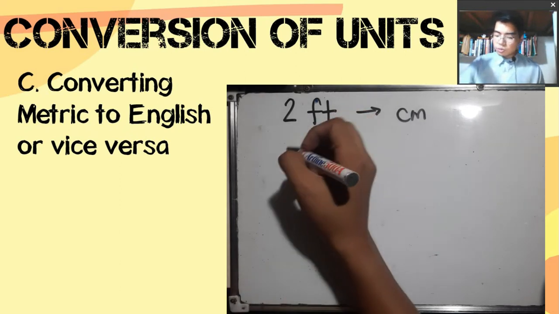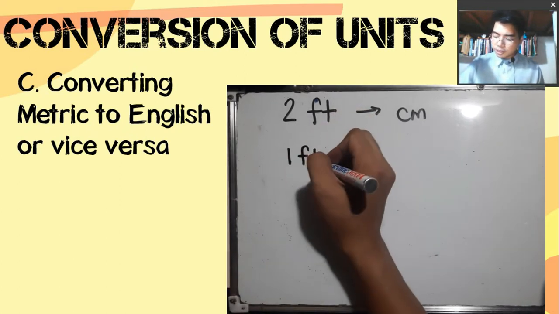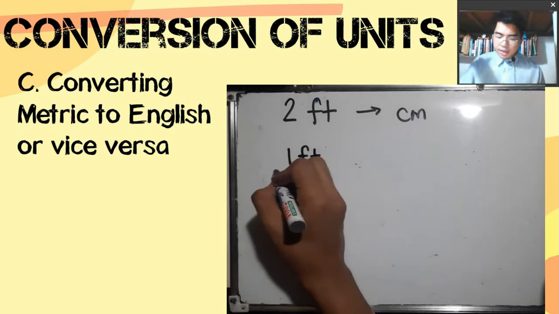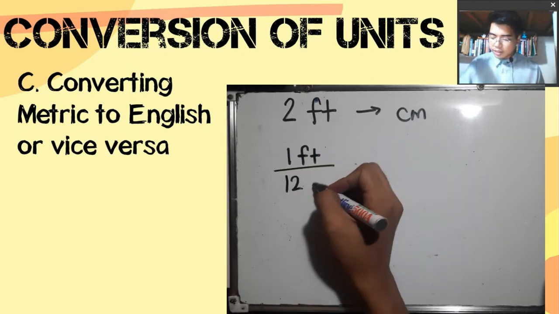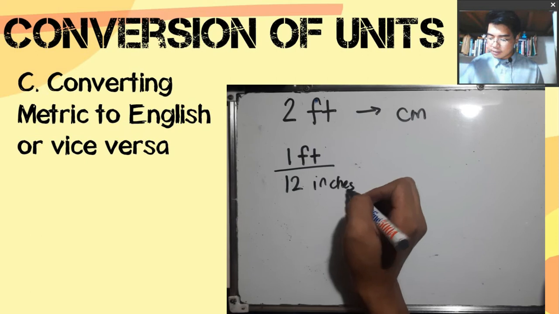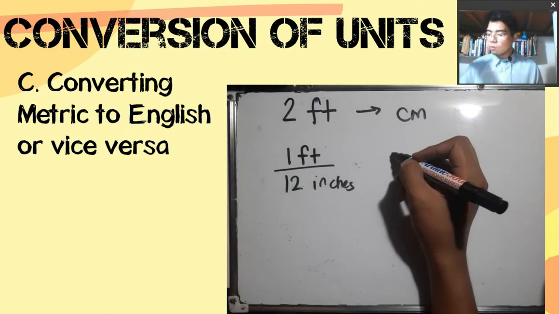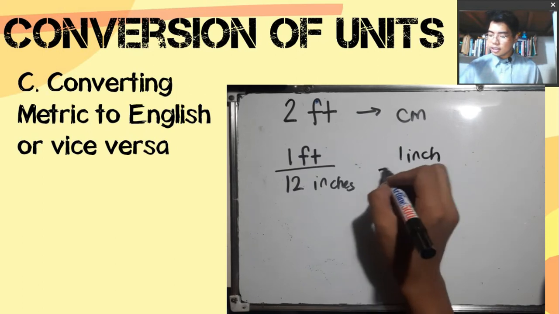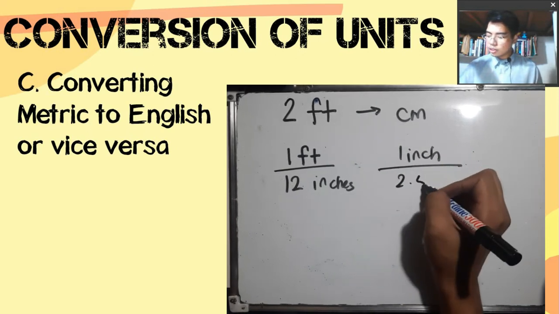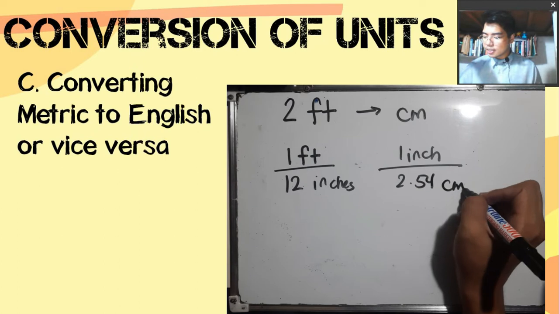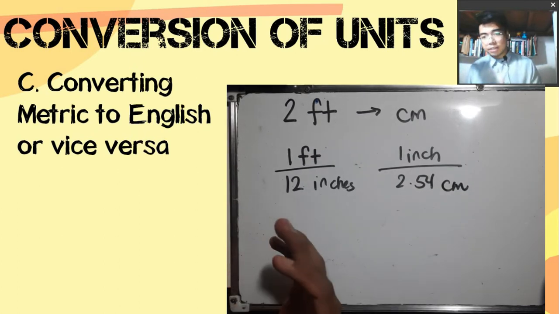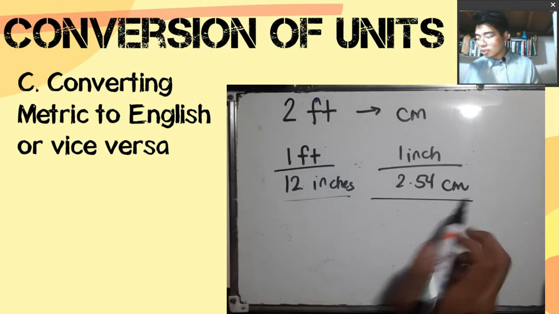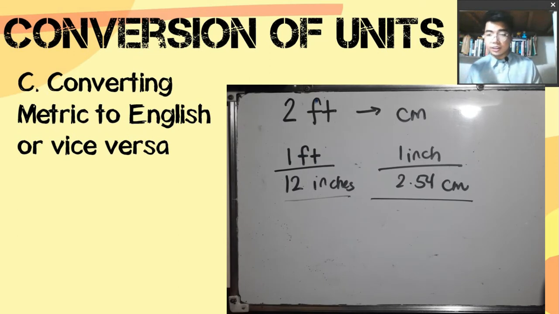When it comes to 1 foot, it is equivalent to 12 inches. And 1 inch is equivalent to 2.54 centimeters. So these are the different conversion factors that we are going to utilize for this particular item.